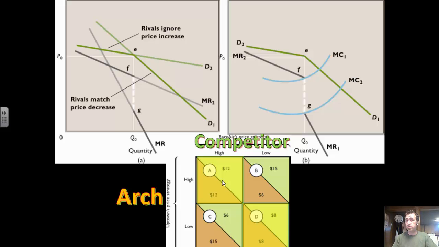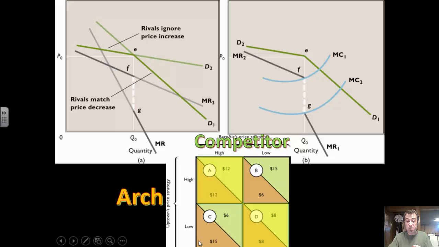So why don't all oligopolies just collude? Well, there are a couple of different answers to that question, but here's one. What happens if they both decide to collude and then eventually one competitor says, all right, that's it, I'm done colluding, and the other is still stuck at a high price? Let's say Arch decides to bring down the price to low.